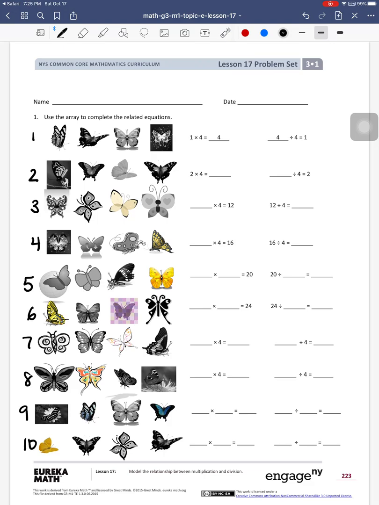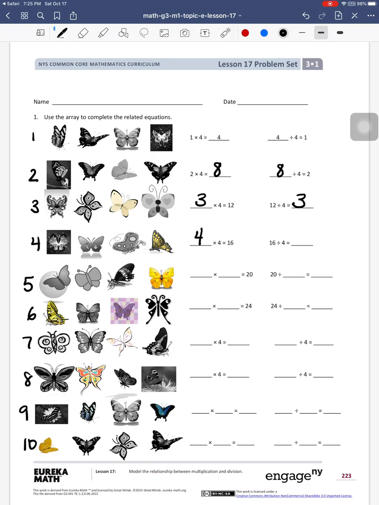Now 2. 2 times 4 equals 8. Or we have 2 rows, which equals 8, 8 of 4, and that means 2 rows. 3. 3 times 4 equals 12, or 12 divided by 4 equals 3. Number 4. How many rows do we have? Right, we have 4 rows of 4.